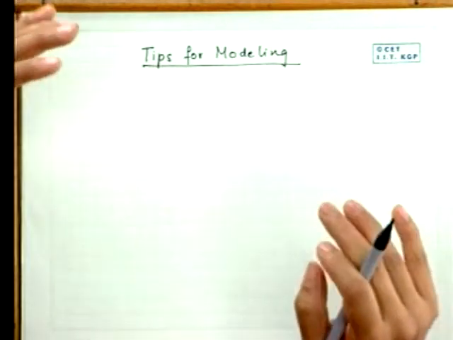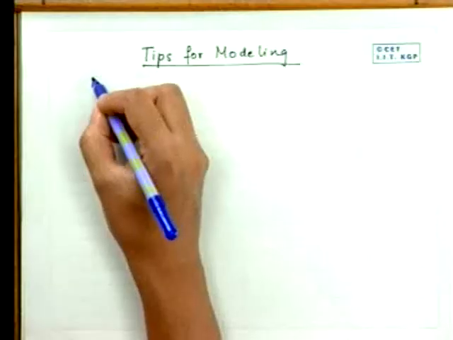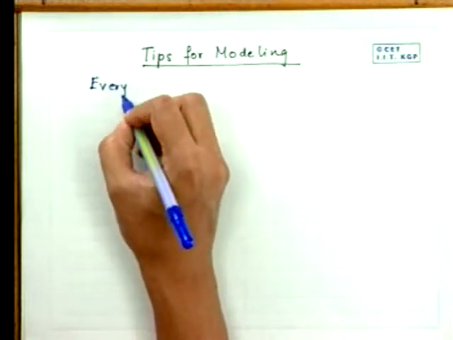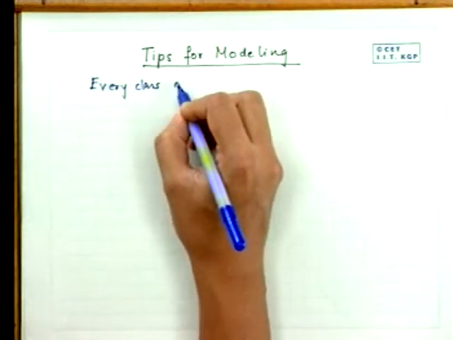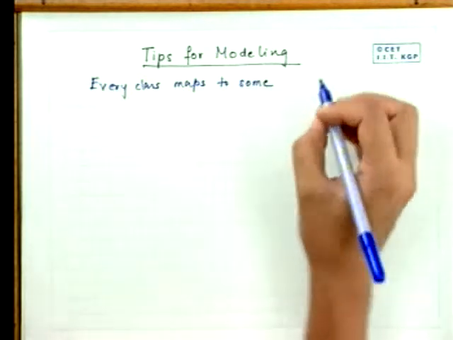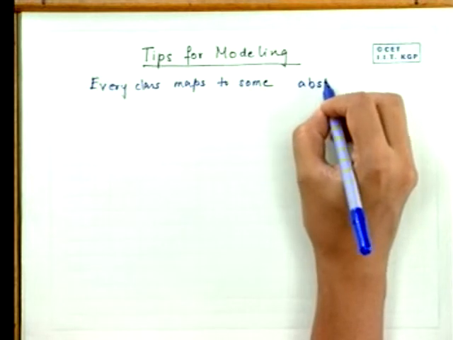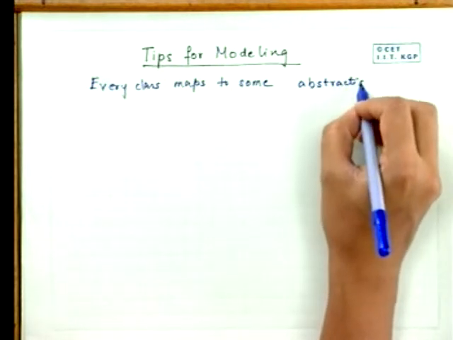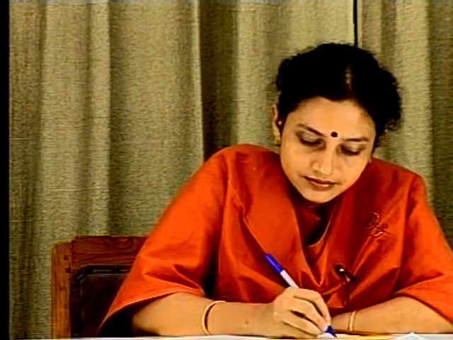Every class that you model in UML should map to some conceptual or some structural abstraction. Every class maps to some abstraction. The abstraction may be either a tangible abstraction or a conceptual abstraction.